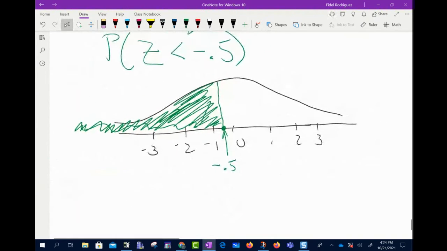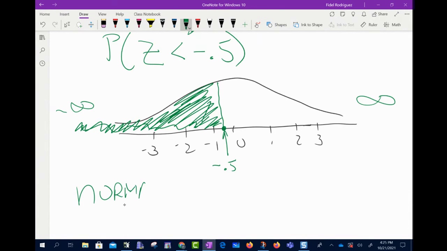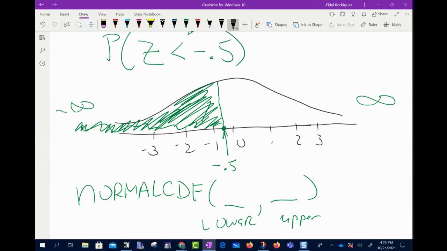And so just like we did earlier, remember, we're approaching the idea of negative infinity over here, positive infinity would be that way. But when I use my calculator to find my normal CDF, remember, we have two numbers. One of them is the lower number, and the second one is the upper number.